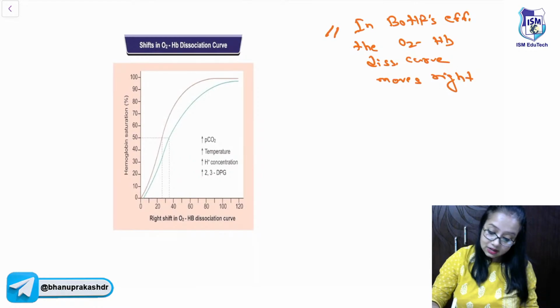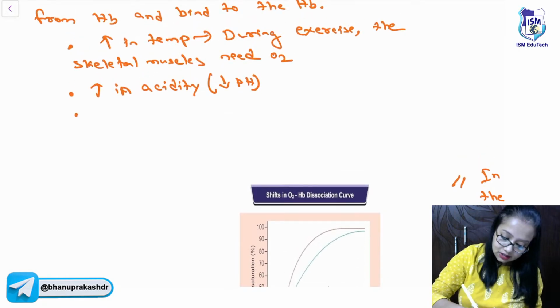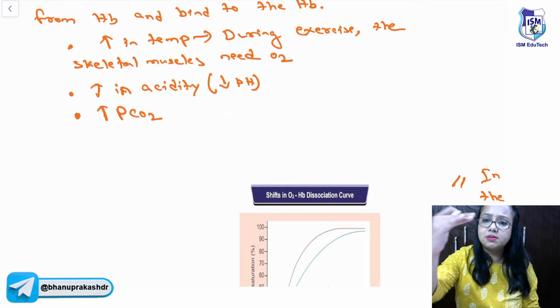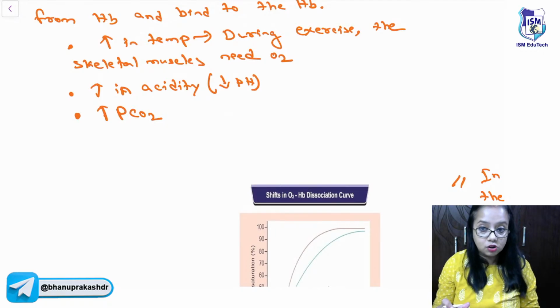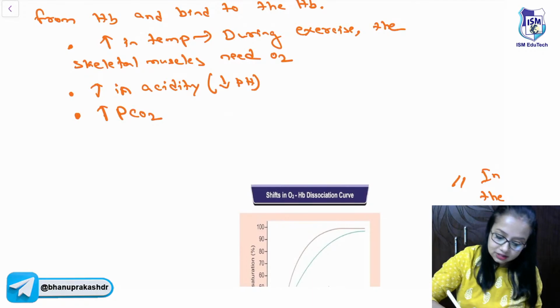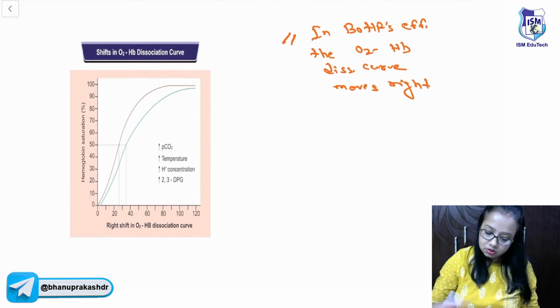Okay. And another case when it moves to the right is an increase in partial pressure of carbon dioxide. Suppose someone has climbed a height and there is not enough oxygen and the partial pressure of carbon dioxide is increased, that is hypercapnia. Then also the curve will shift to the right.